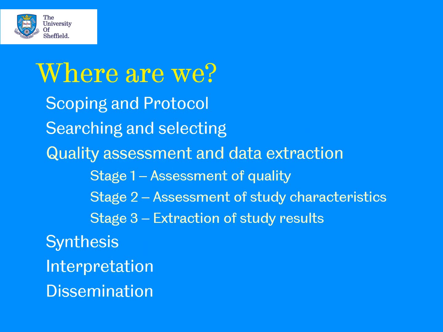So let's just recap about where we are in the systematic review process. We've gone through a process of scoping and protocol. At that point we will have identified the type of studies that we'll be including, and so have an early idea about the tool that we'll be using for quality assessment.